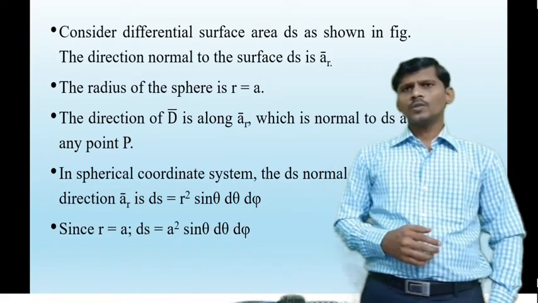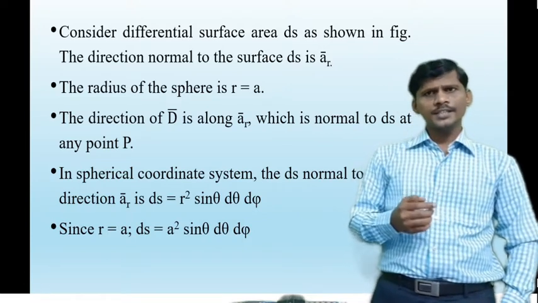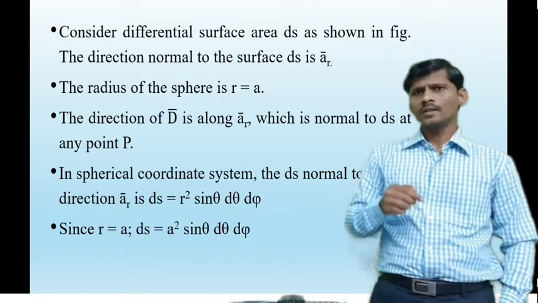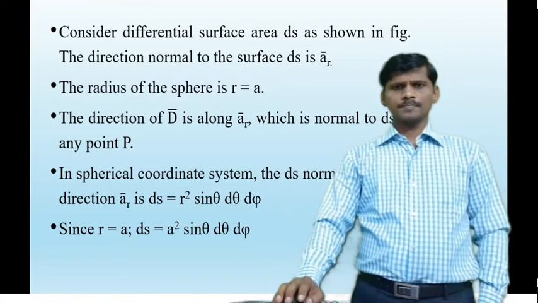Since r is equal to a, dS bar is equal to a square sin theta d theta d phi a_r bar, where a_r bar is the unit vector in the direction normal to the differential surface.